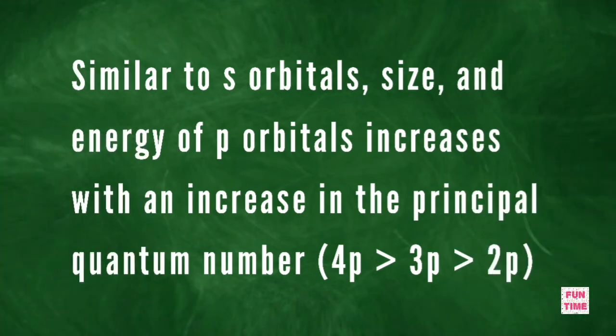Similar to s orbitals, size and energy of p orbitals increases with an increase in the principal quantum number. 4p is greater than 3p is greater than 2p.